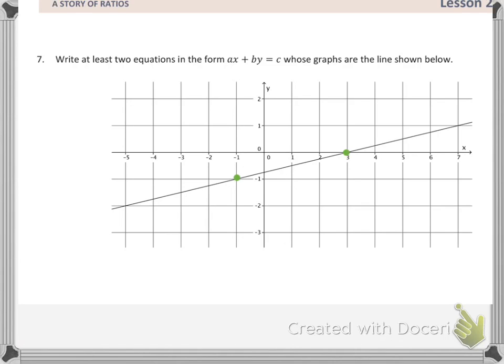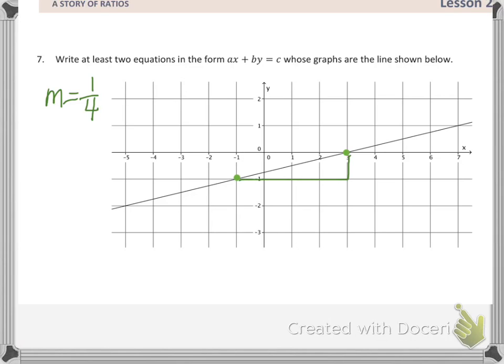So I know I need to start by finding the slope, and the slope here, I'm going to do it from these 2 points. I can see that the slope is 1 over 4. Okay, slope is 1 over 4.